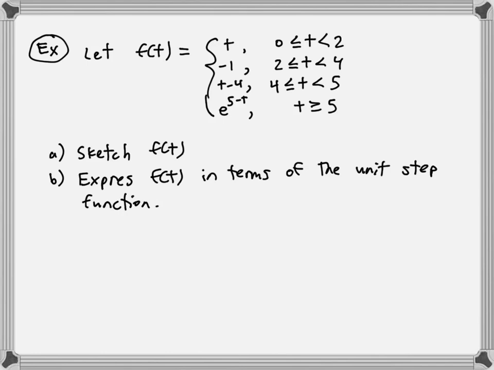So we begin the problem with turning the function on at 0, and it's going to be the function t. So let me go ahead and sort of draw this out here. So we've got 1, 2, we've got -1, and we've got 1, 2, 3, 4, 5, and then stuff happens after that, but this will be enough, okay?